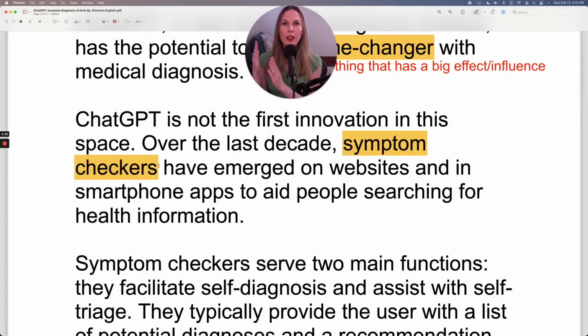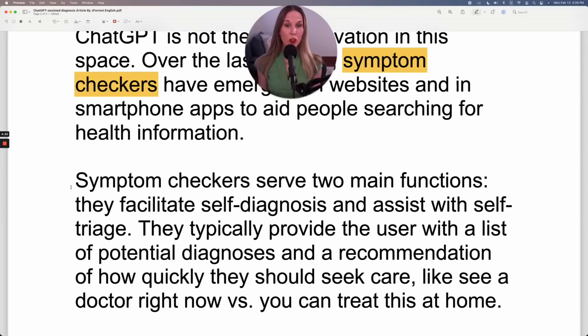So you can enter some information about yourself, how you're feeling, and it will tell you what's wrong with you. So if you have a certain temperature, it will tell you if that is too high, if you have a bad fever or not. Symptom checkers serve two main functions. They facilitate self-diagnosis and assist with self-triage.